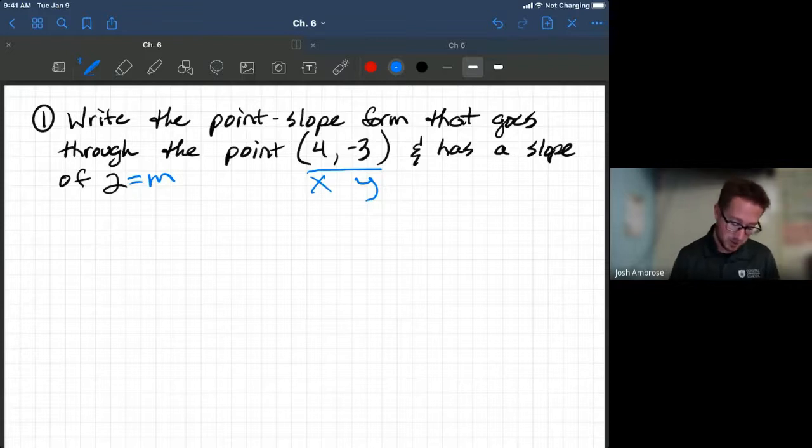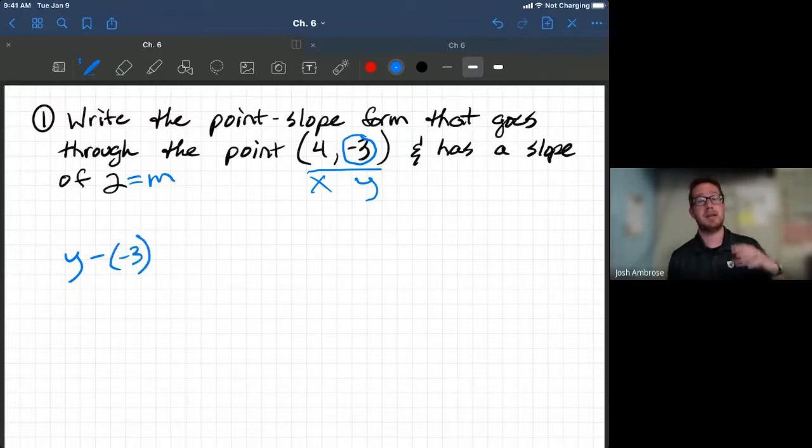Okay, so we're going to have y minus, and then here is our y value, -3. You're going to notice something. This is an example already. The equation says minus. The value of y also says minus. So y minus -3, what's going to happen?